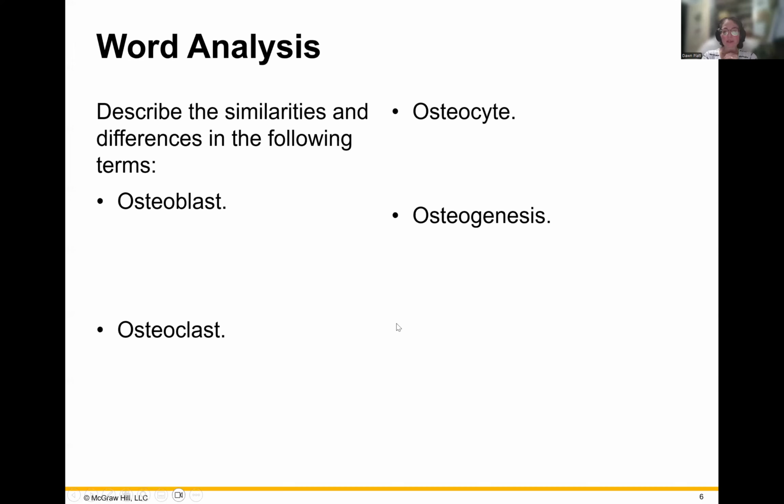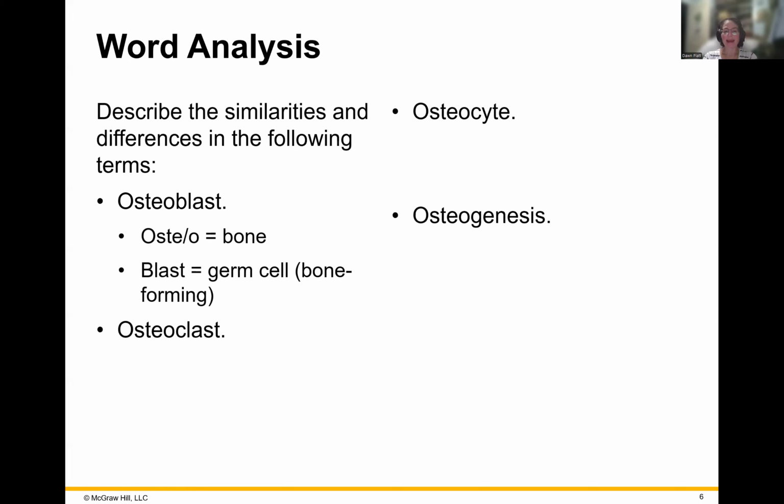Here are some other terms that you're going to need to know. Obviously our suffix is different, so our root word combining form is the same. We have osteo as the combining form. Osteo means bone. And then you've got blast, clast, cyte, and genesis. So an osteoblast. All right, what does it do?